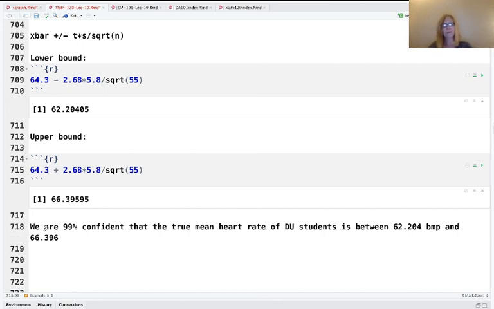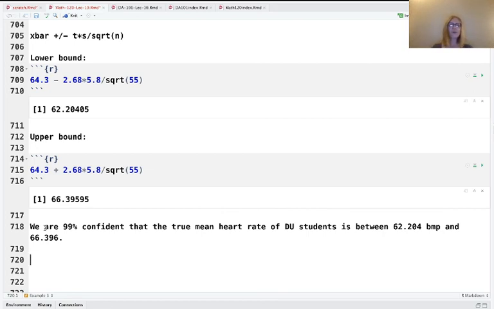How about that? The end. We've taken the sample result. We know we don't expect it to be dead on the money, but using the margin of error, we've constructed a confidence interval of reasonable values. We're 99% confident that the true, for realsies mean, heart rate of Denison students is somewhere within that range.